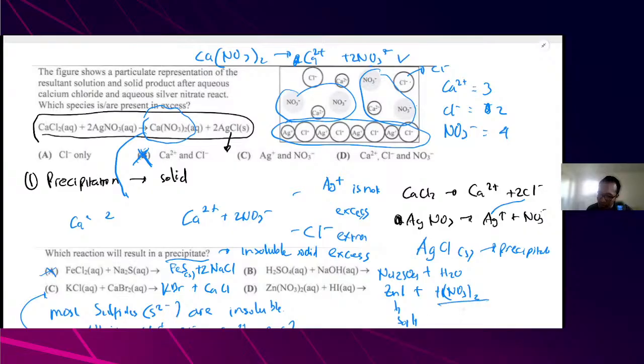And the other one is an acid, so it will be soluble. So the correct answer will be A. Remember, most sulfides are insoluble when mixed with metals. Remember this concept. All right, let's take a look at the question again.